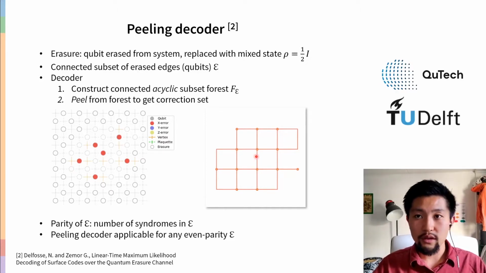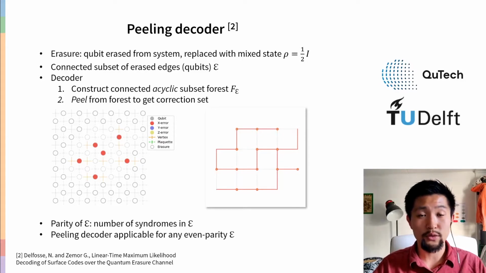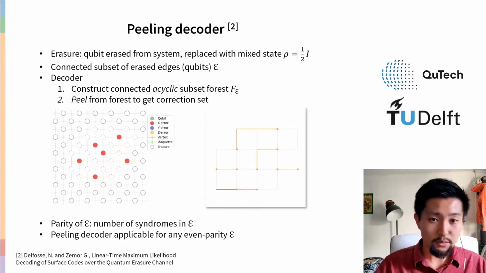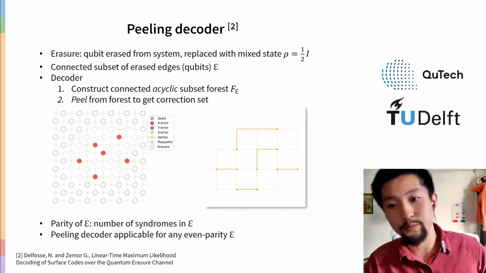Now, what the peeling decoder does is to first construct a connected acyclic subset of edges, which is called the forest of an erasure, and then it moves on to peel the branches until what you end up with is a matching between these syndrome vertices within the subset of the forest of the erasure.